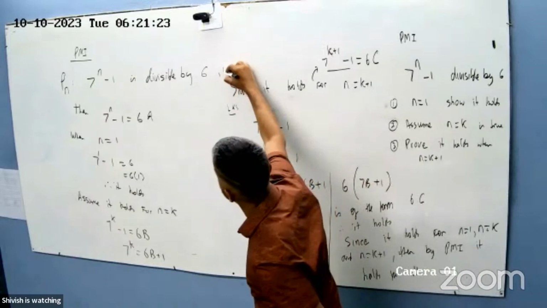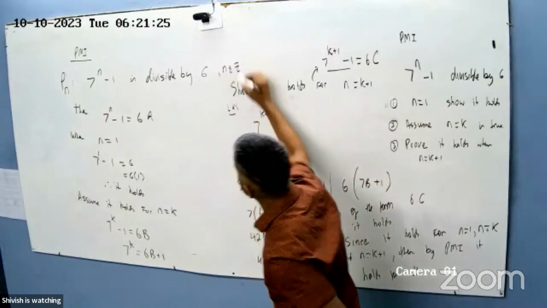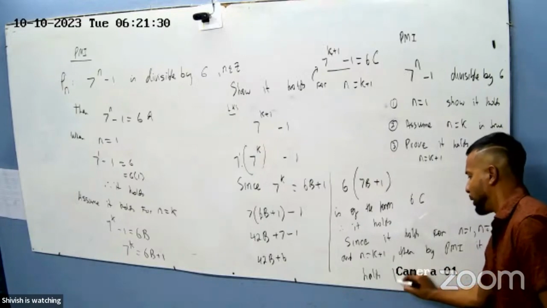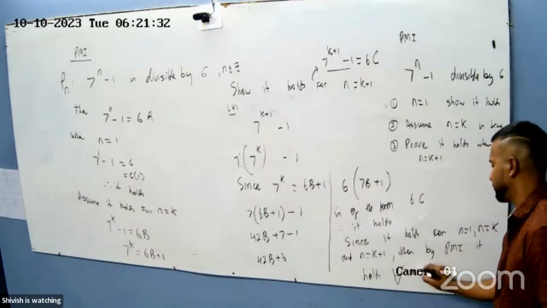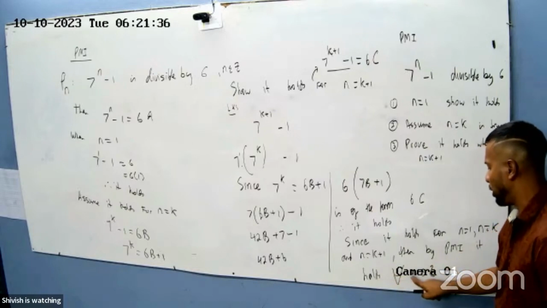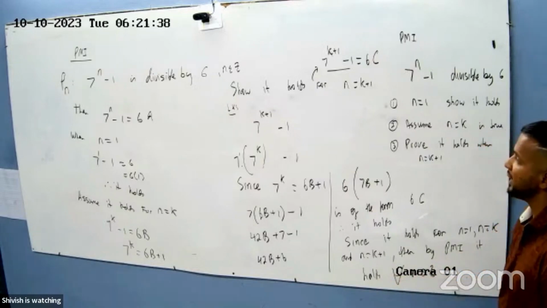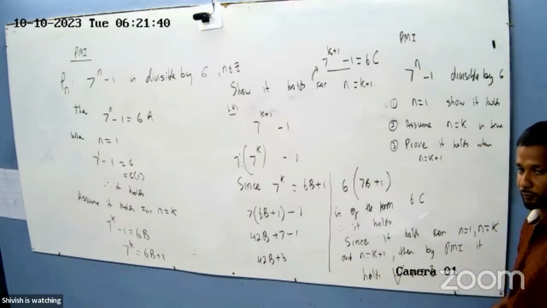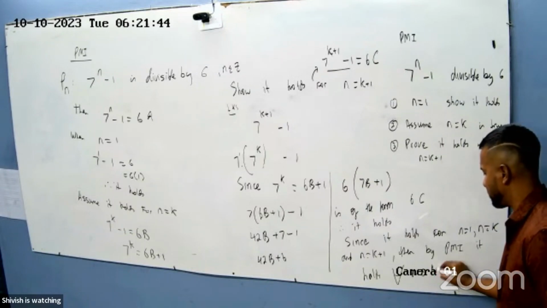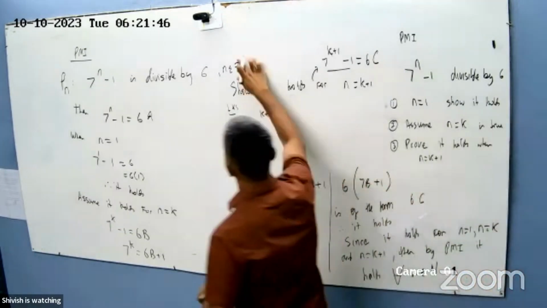I didn't tell you that there, sorry. The symbol for all is this. It holds for all n in the integers. Actually, most times it's natural numbers.